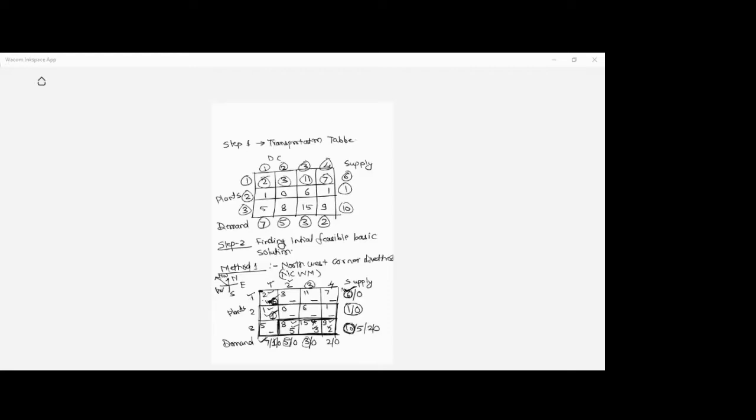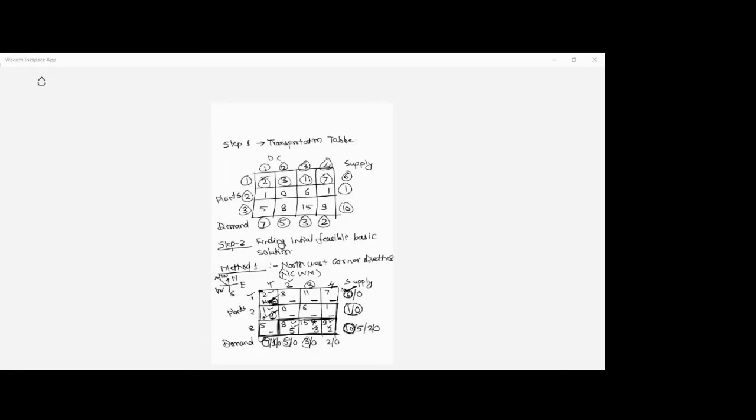Let's check if we have taken into consideration the constraint of our distribution centers as well. Distribution center 1 requires 7 million liters of milk. So here 6 plus 1 is equal to 7, right? So we have satisfied the constraint for distribution center 1.